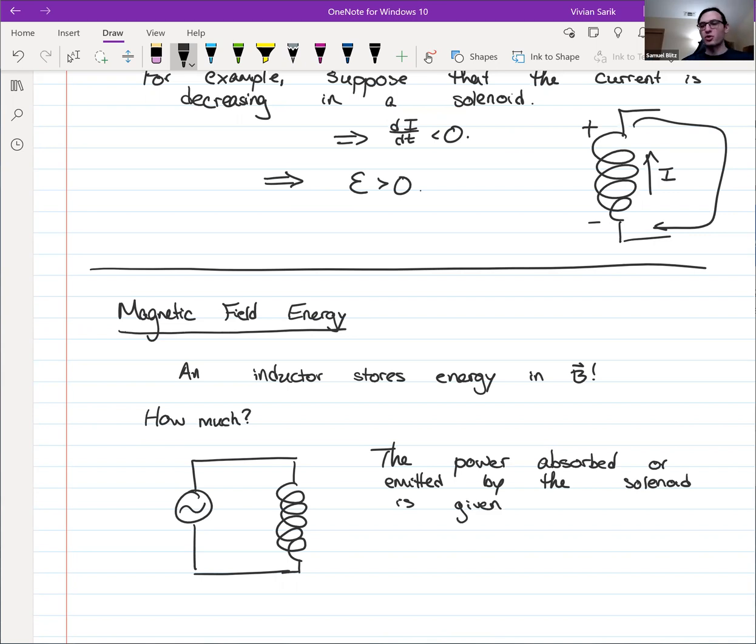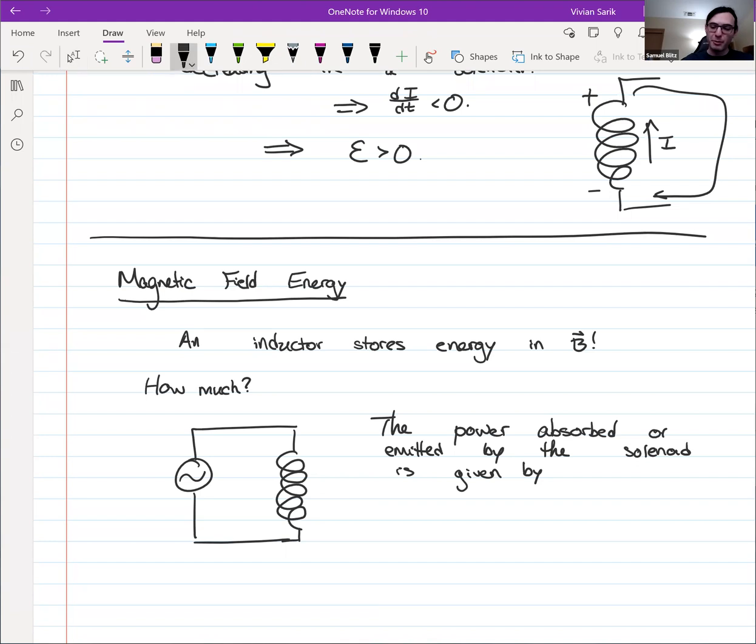Depending on whether it's absorbing or emitting, it will affect the sign of P. Power is the rate of change of the work, which is the negative rate of change of the potential energy, but we're taking absolute values here anyway, so it doesn't matter.